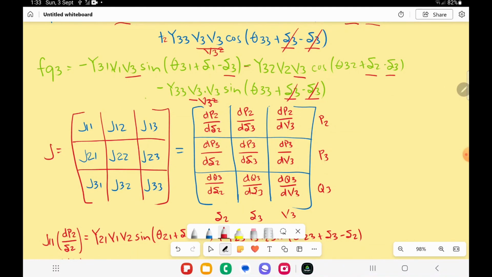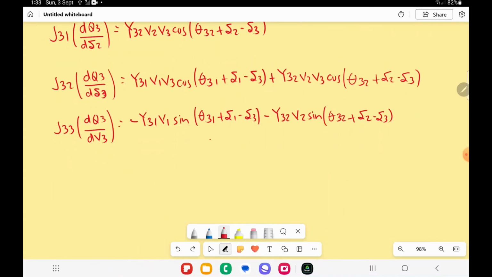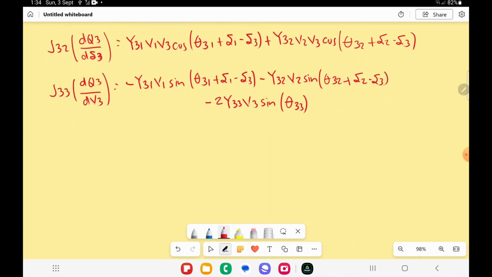So 2 will be right in front of y33. So this will become minus 2 y33 b3 sine theta 33. So we completed the Jacobian elements.